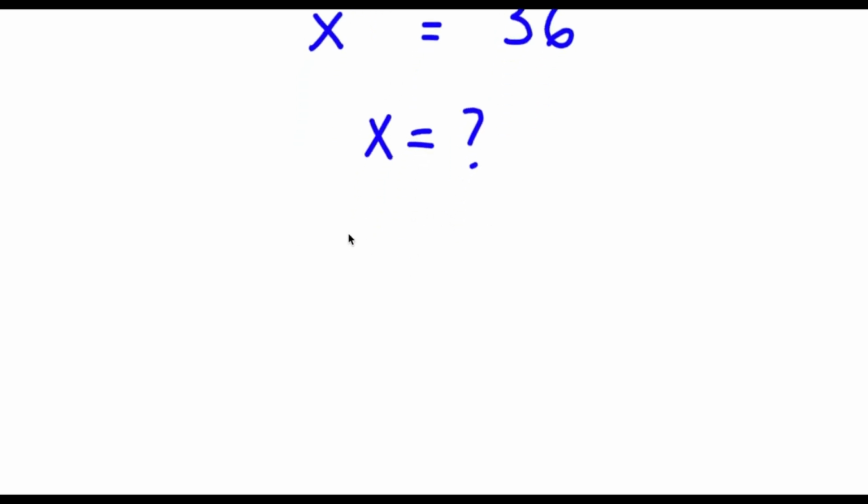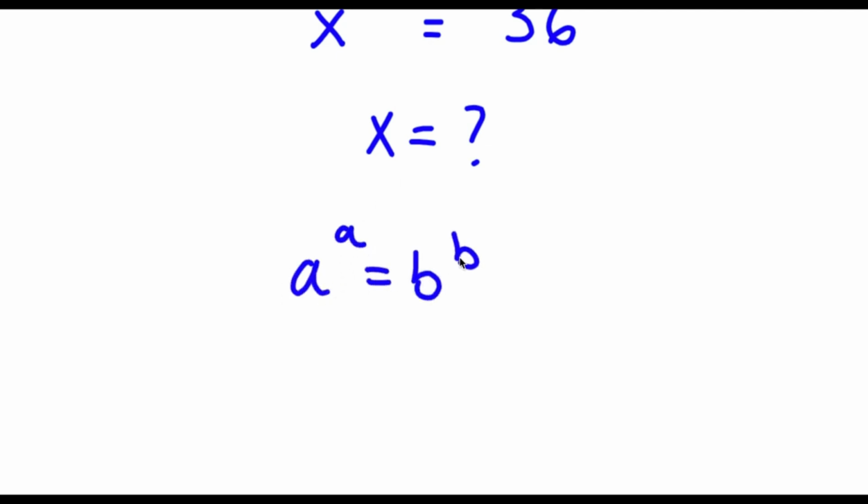So before solving this problem, I'm going to teach you guys an important property with exponents. So if I have something in the form a to the power of a is equal to b to the power of b, then a is equal to b, but this is only if a is greater than or equal to 1.